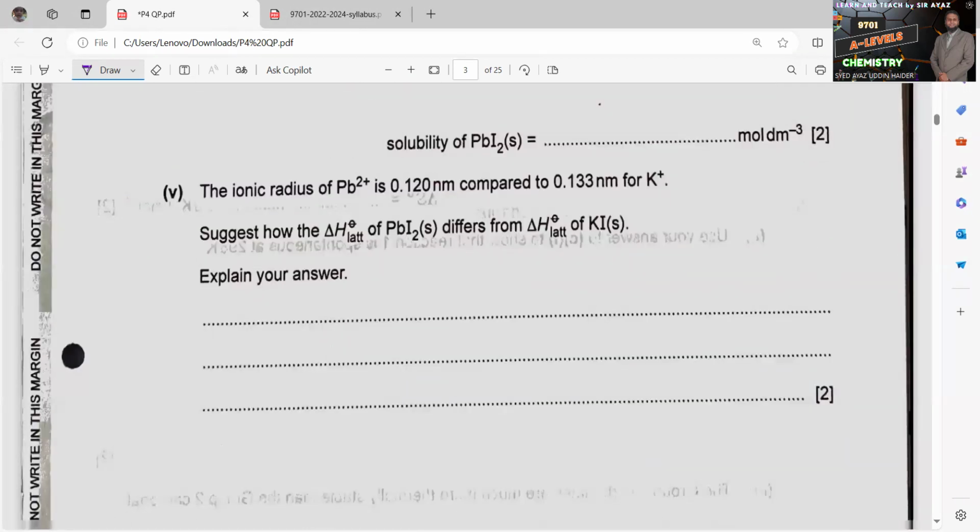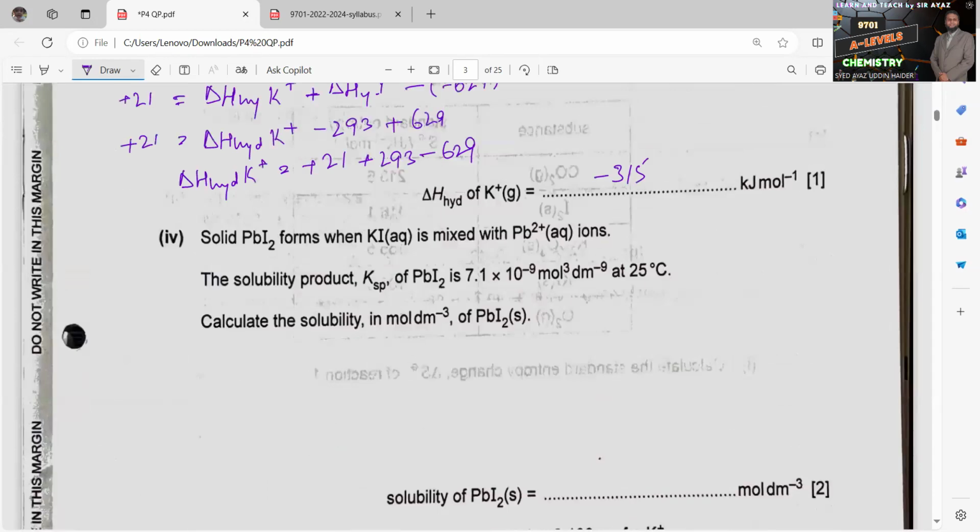Next question. Number 4. Solid PbI2 forms when KI aqueous is mixed with Pb2 plus aqueous ions. The solubility product Ksp of PbI2 is 7.1 times 10 to the power minus 9 mole cubed per dm cubed at 25 degrees centigrade. Calculate the solubility in mole per dm cubed of PbI2 solid.